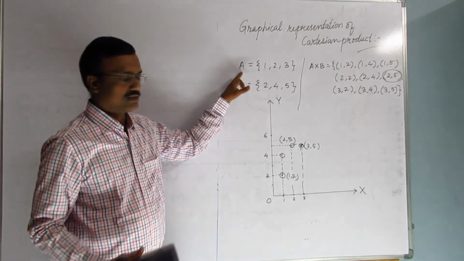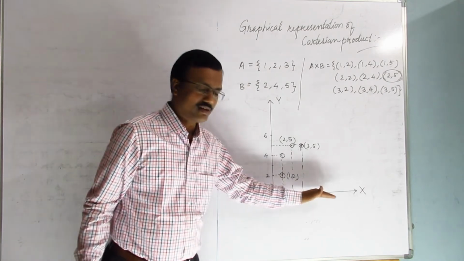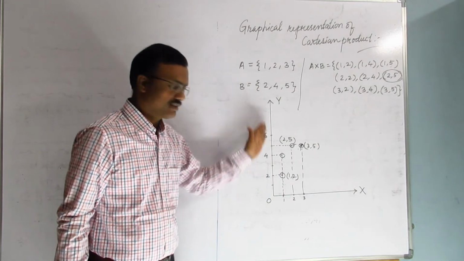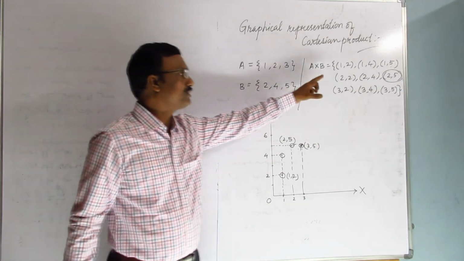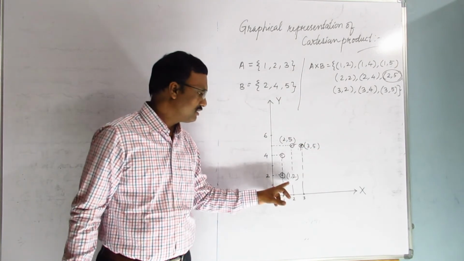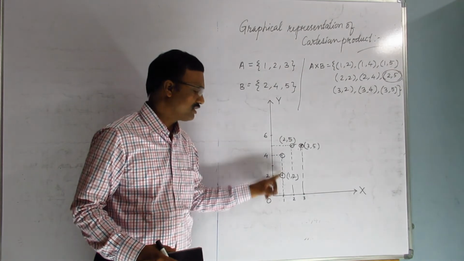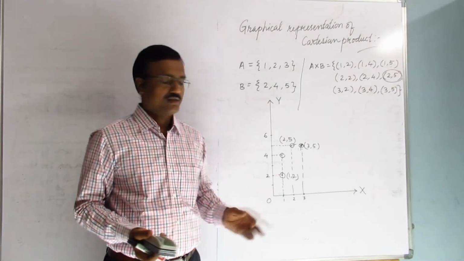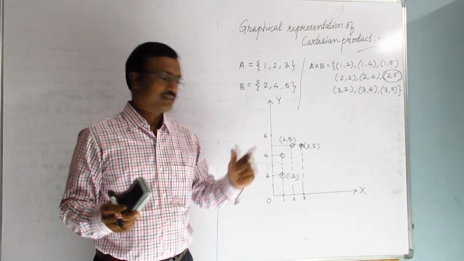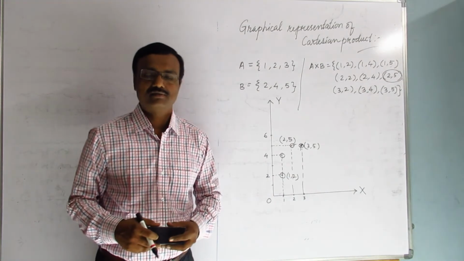You just consider the first set elements along the horizontal axis, the second set elements along the vertical axis, and then show these points as x coordinate and y coordinate simply in the xy plane. So these are the elements and this is the graphical representation of Cartesian product.